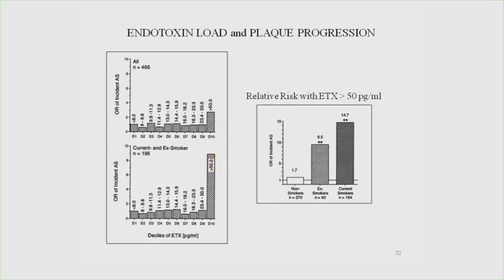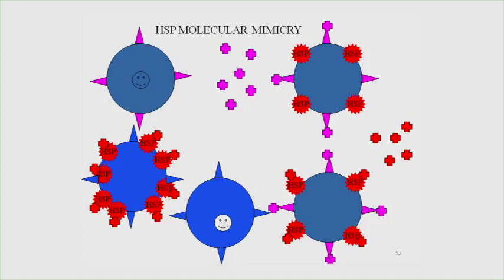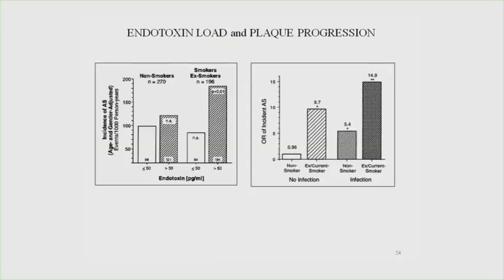The relative risk of having a high endotoxin burden was present in non-smokers, greater in ex-smokers, and greatest in current smokers. Why? I believe that if you're a smoker, you're damaging your artery wall, heat shock proteins, you have these chronic infections, you're mounting an immune response to the heat shock protein that will cross-react against heat shock protein on your artery wall elicited by smoking. Remember, heat shock protein molecular mimicry.